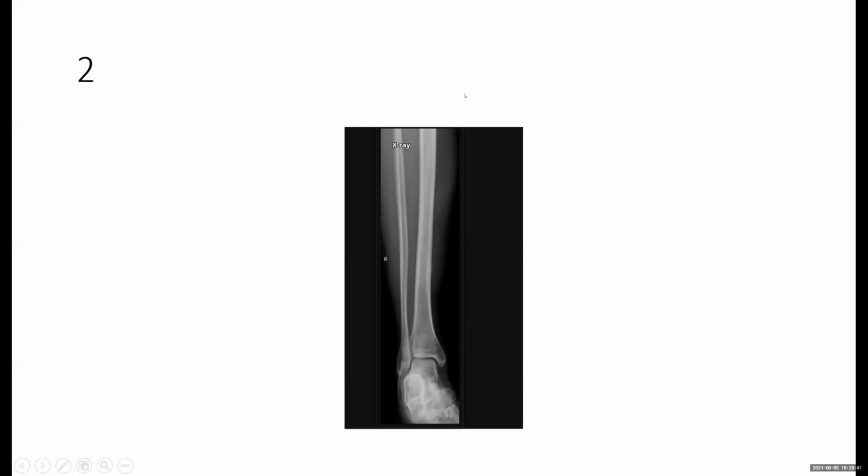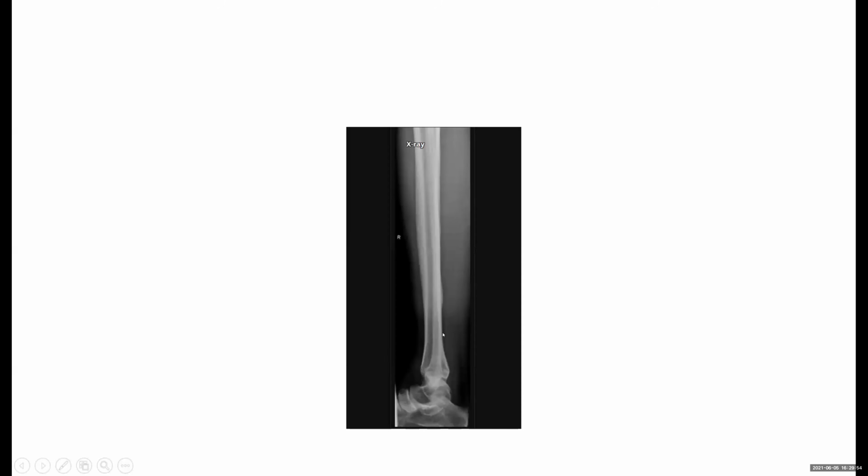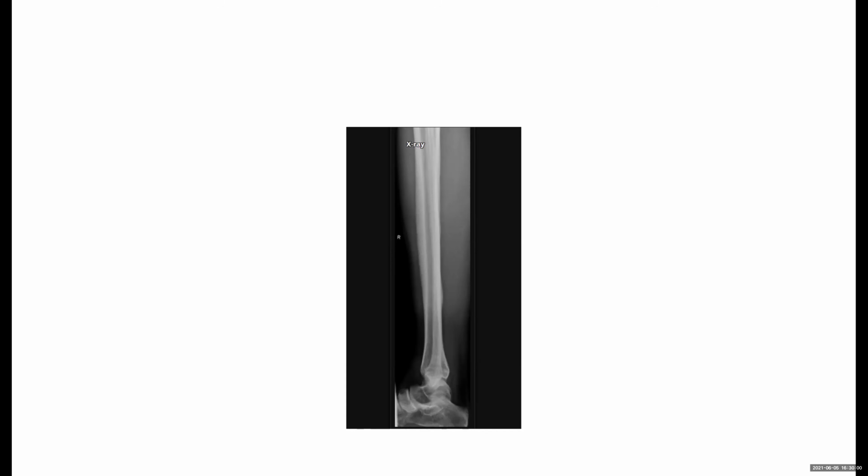Lovely. And actually this case was basically put with two intentions. The first is if one film that you are provided initially turns out to be normal, that means you are not able to find any obvious abnormality, you ask for the orthogonal one, which you rightly did. So you could pick up the periosteal reaction in the orthogonal view alone. Then we are considering two differentials, osteoid osteoma and stress syndrome.